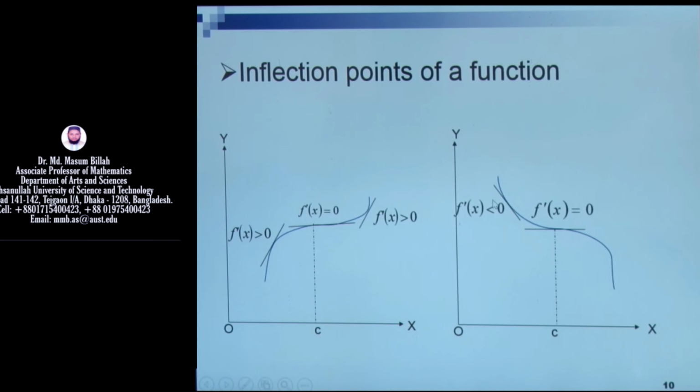We see f'(x) is less than 0. And on the right side, f'(x) is less than 0 again. So we can say this point does not attain a maximum value or a minimum value. So this point is known as, again, a point of inflection. So if we have a point of inflection, that point has no maximum value or minimum value.